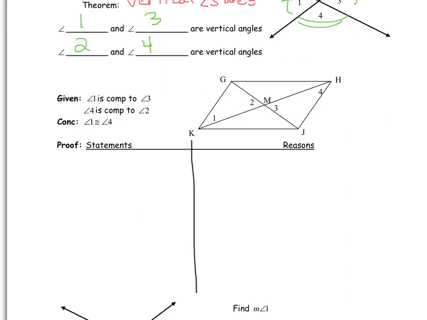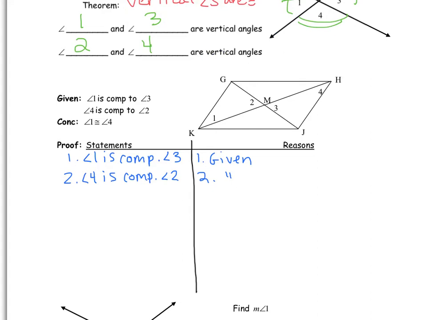Okay, so let's go ahead and see what this looks like in a proof. Just like always, we start with our given, and angle 4 complementary to angle 2. Now, here's where we want to look at our picture. What else can we learn from the picture?